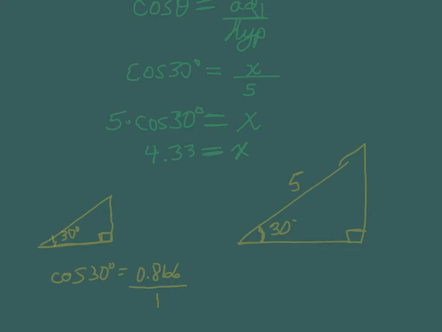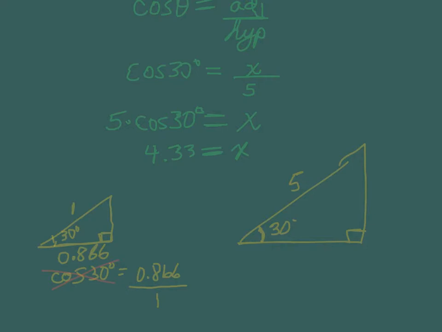So we're taking adjacent 0.866 over 1. The hypotenuse is 1. Adjacent over hypotenuse. Okay, now, in a way, we're going to ditch the cos 30, right? Just kind of ignore that that's there.